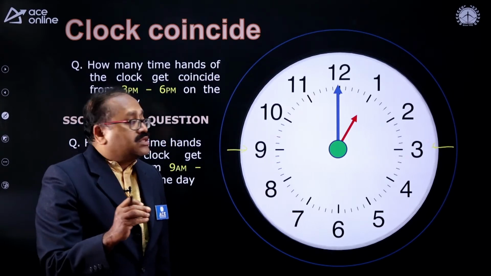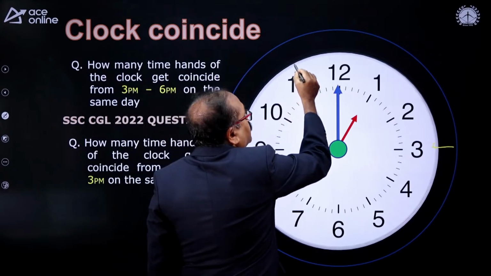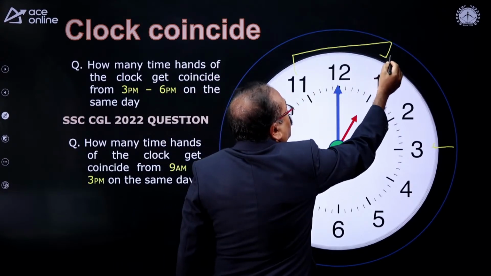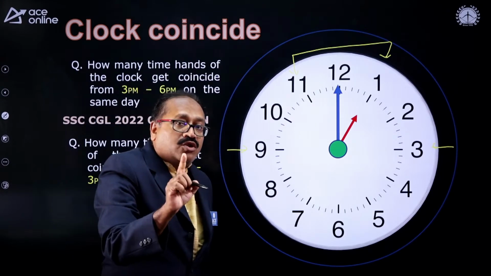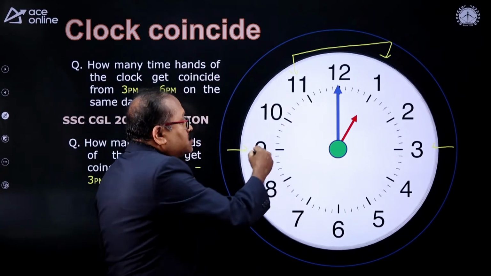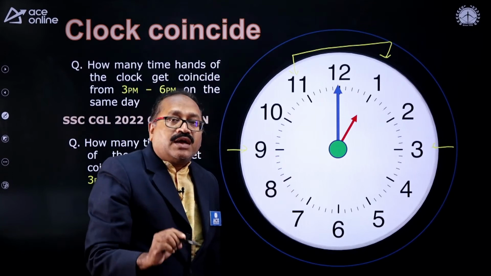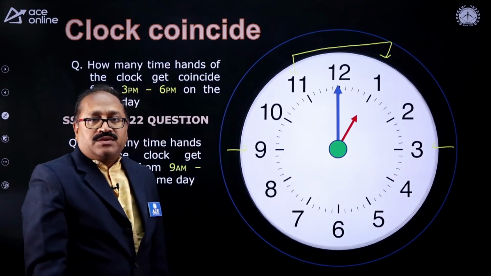But it's not 6 times. Why? Because from 11 o'clock to 1 o'clock, 2 hours, the coincide is only once. Therefore, it is not 6 times. Your correct answer will be 5 times.